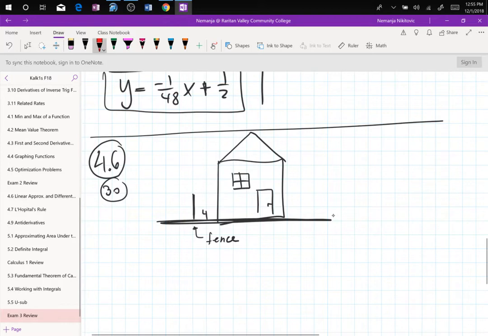And then we want to put the ladder, and that's 10 feet. Oh no, the fence is 10. We don't know what the size of the ladder is. Fence is 10. Nice. That's 4 feet from the house, right? Yes.